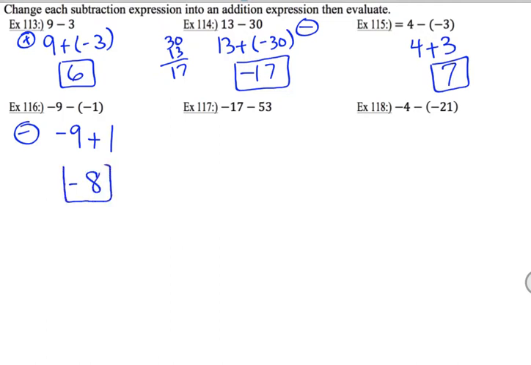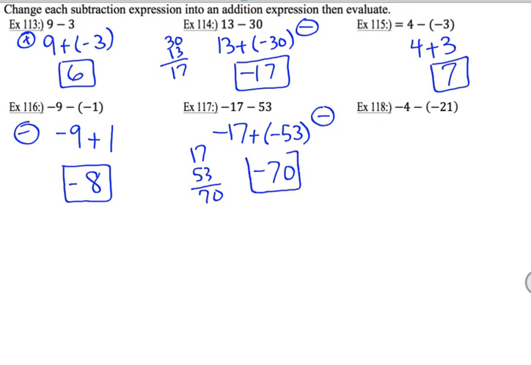So it's -8. Next, -17 minus 53 becomes -17 plus -53. Because they are both negative, negatives win. And 17 and 53 make 70. So it is -70. Example 118. -4 minus -21.